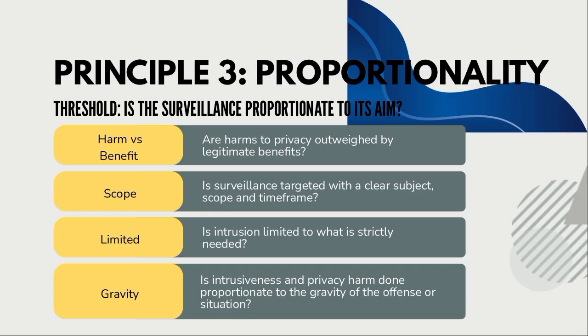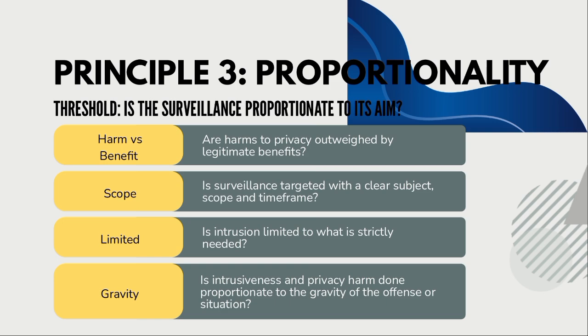The next principle is the principle of proportionality. The threshold here is that is the surveillance proportionate to its aim? First, we need to ask about the harm versus benefit. Are harms to privacy outweighed by the legitimate benefits of surveillance? Next, we need to ask about the scope. Is surveillance targeted with a clear subject, scope, and time frame? We next need to ask about the limitedness.